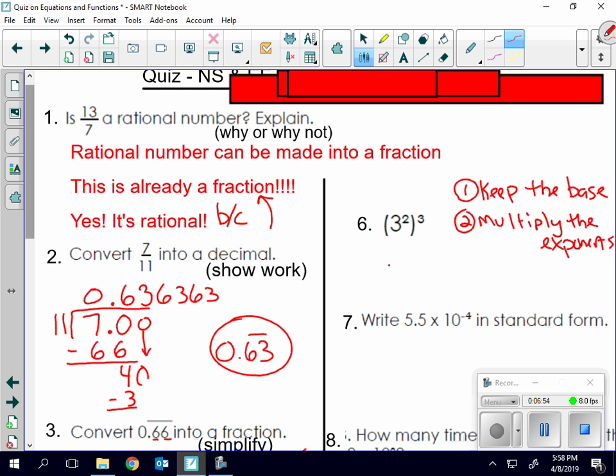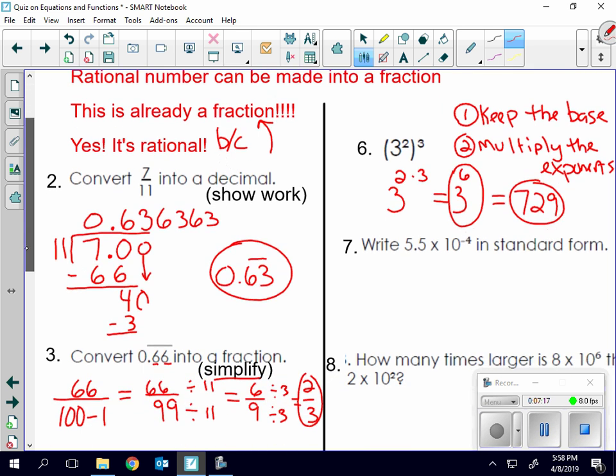Our base is 3. We multiply 2 times 3, and we get 3 to the 6th power. I took that answer, and I took what that is equivalent to. 3 to the 6th power means multiply 3 6 times, and I believe that's 729. I took either one of those answers. This is nothing new. You guys should know this.